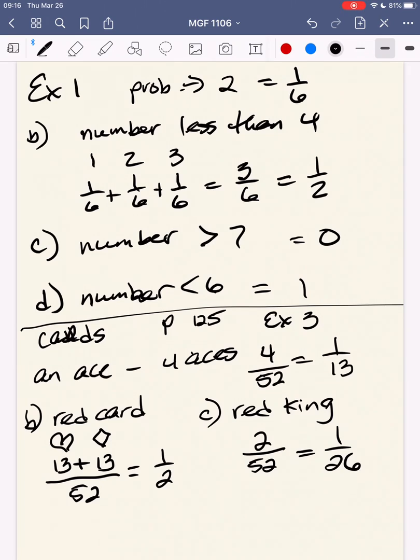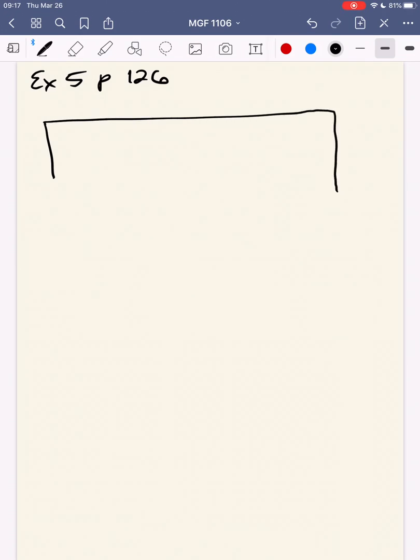The last example I'm going to look at for you before I move on is going to be example 5 on 126. Okay, and we're looking at a genetics chart. I'm not going to read the whole thing. I'm going to draw the chart for you.